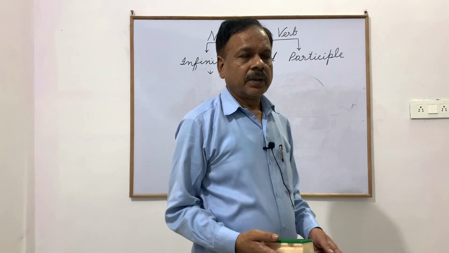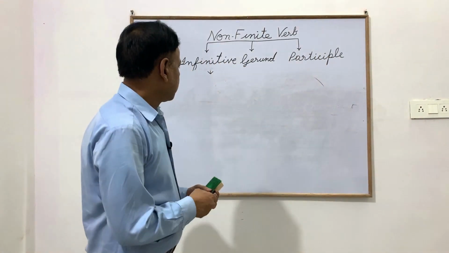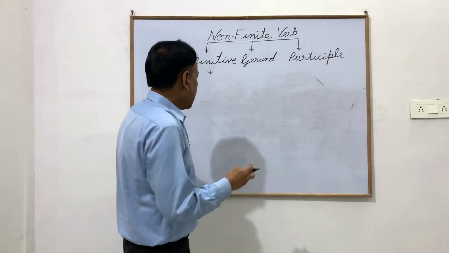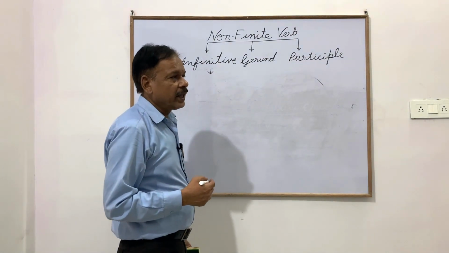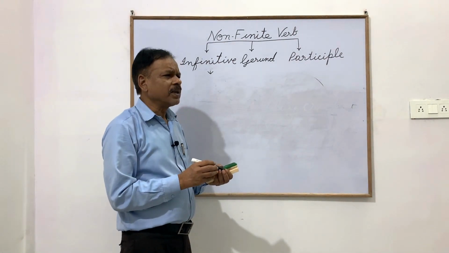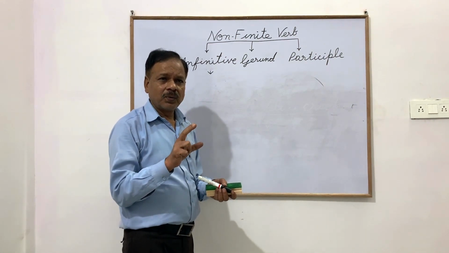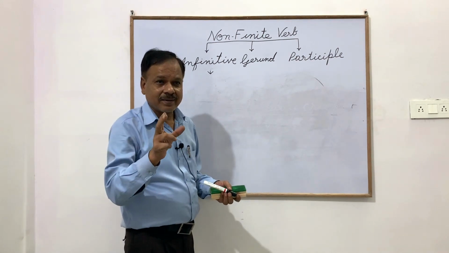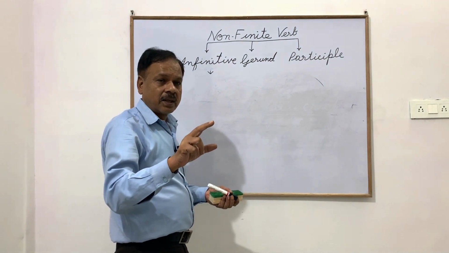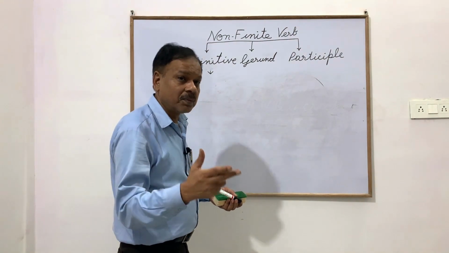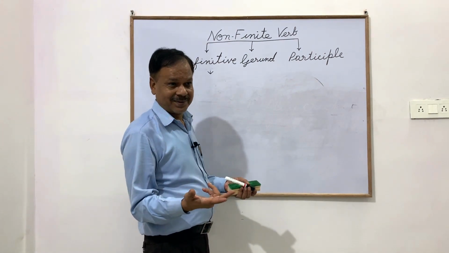Again now we'll deal with bare infinitives. Now, bare infinitives are the first form, the base form without to. And here also, I'll tell you a simple trick to recognize whether a particular word is used as a bare infinitive or a finite verb, because first forms are used as finite verbs also.